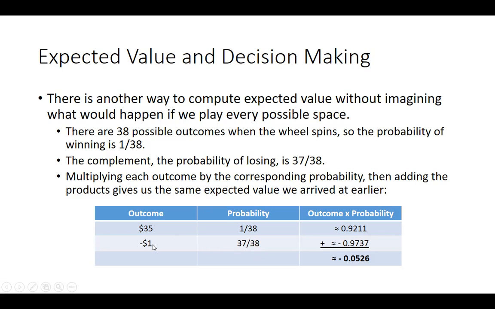If we multiply negative 1 times 37 out of 38, we get about negative 0.9737. So when we add these two together, the positive 0.9211 and the negative 0.9737, we get our negative 0.0526, that negative 5.26 cents that we saw earlier.